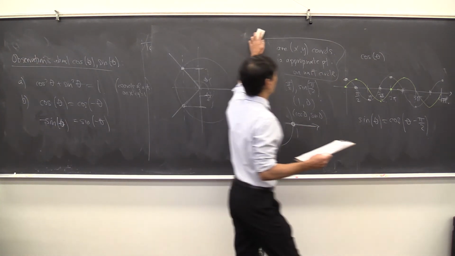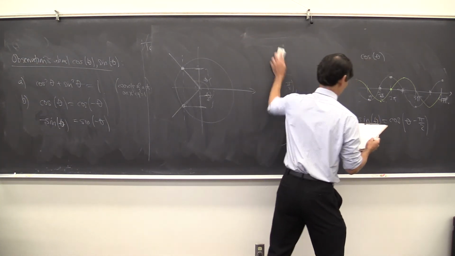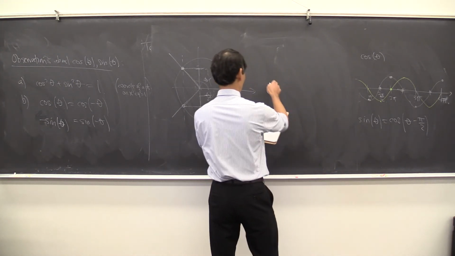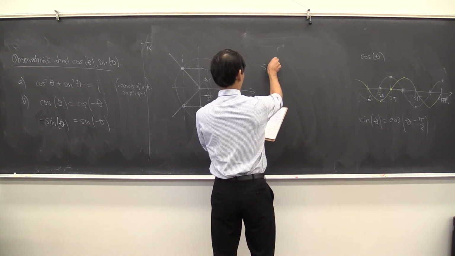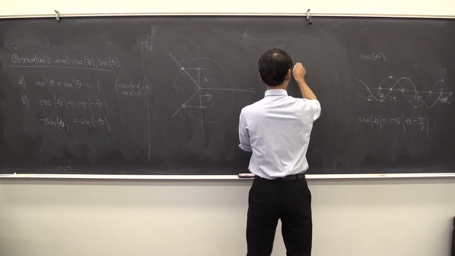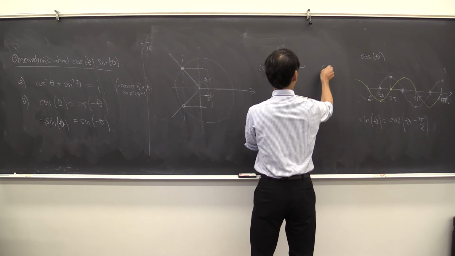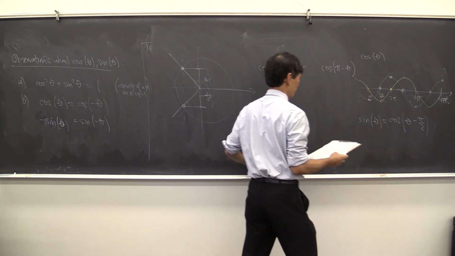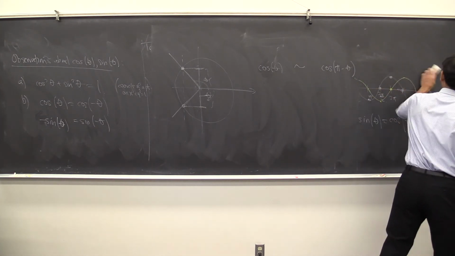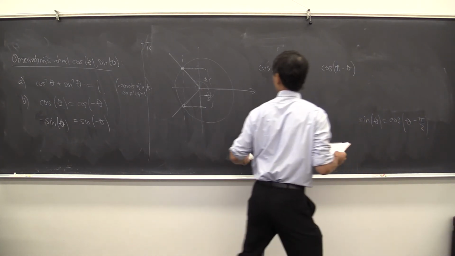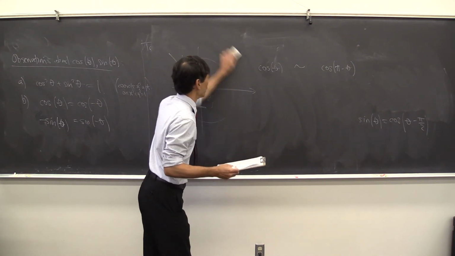Okay, let me put up a couple for you as puzzles, although maybe I've already hinted at them. What about cosine theta and cosine of pi minus theta?